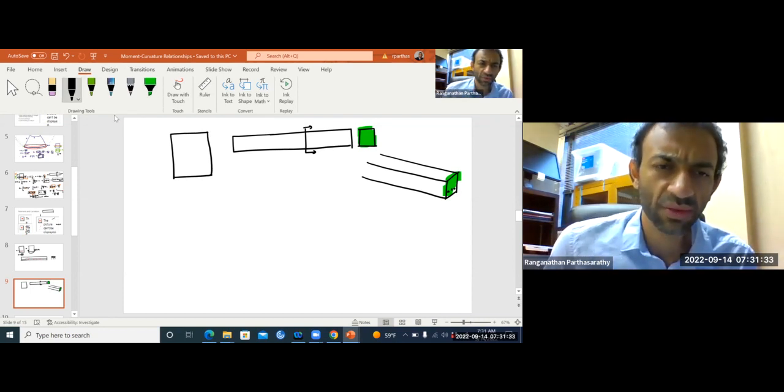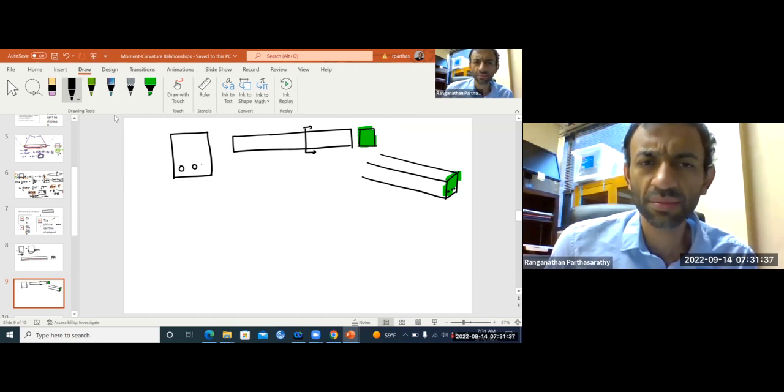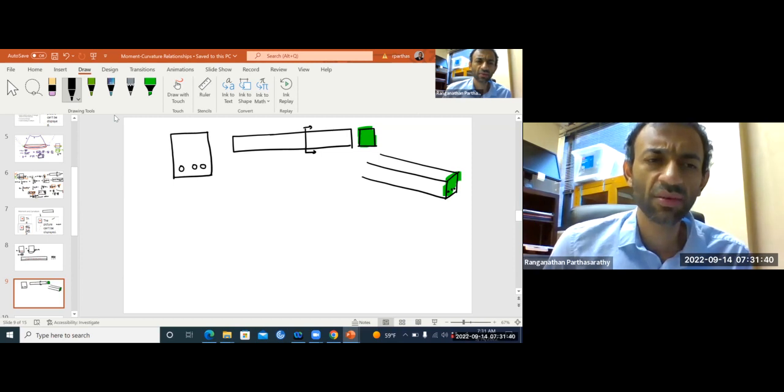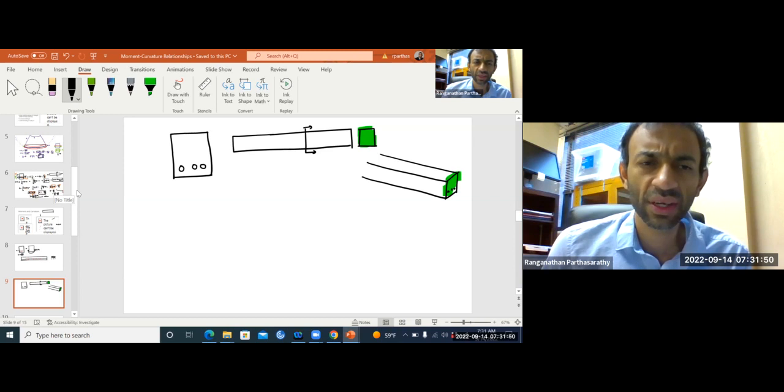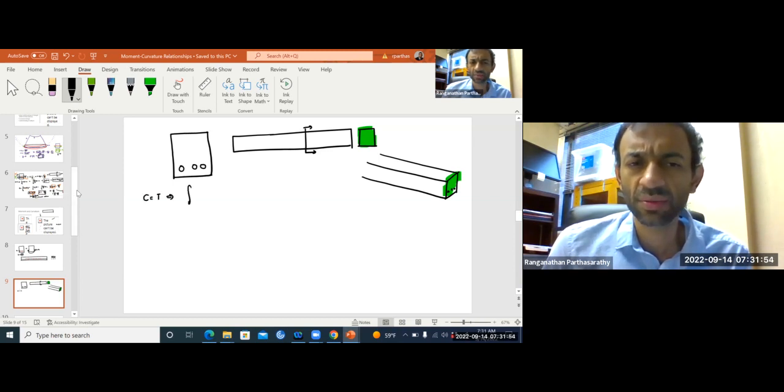Now, what is equivalent section? So you have this, right? Now, what do you have in your bending equation? The first equation that you have is force balance, C equals T. So from here you have integral sigma dA is 0 over the entire area, right?